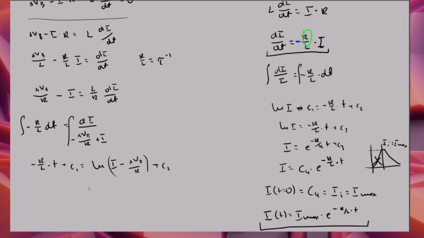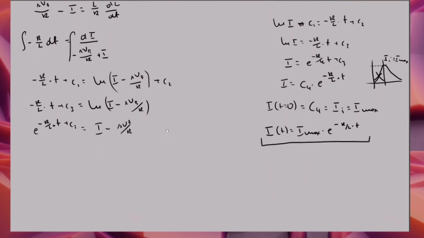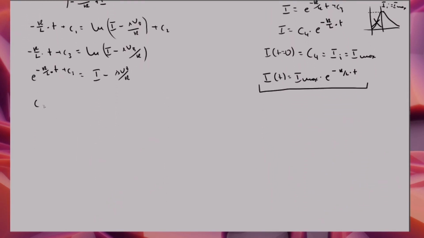And then the constants will combine, so I'm going to have minus R over L times t plus some constant C3 equals ln of I minus the voltage at the battery over R. I get rid of ln, so that gives me e to the minus R over L t, times e to the C3, equals I minus the voltage of the battery over R, and now we have to keep going here. That gives me C4 times e to the minus R over L t equals I.